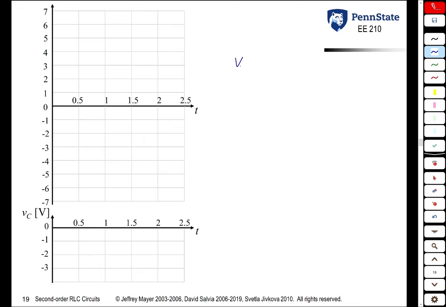So we know that VC of t is 20/3 e to the minus 4t minus 20/3 e to the minus t. This is the sum of two decaying exponentials. Let's draw those separately. So 20/3 e to the minus 4t has a time constant of 0.25 seconds.